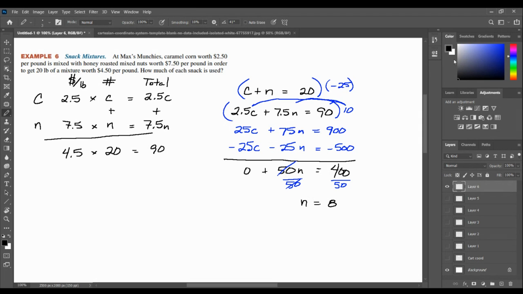Knowing that, I can now take that 8 and plug it in to any of my other equations, and that one's a pretty easy one to plug into. So I've got C plus 8 equals 20. Subtract 8 from both sides.